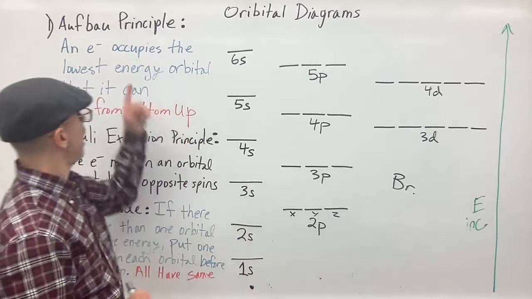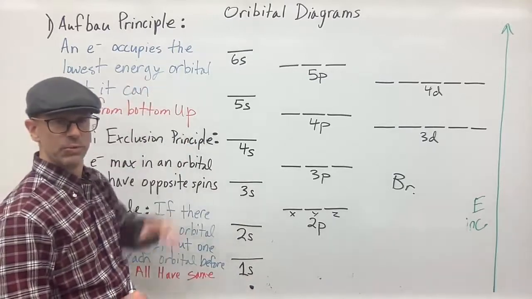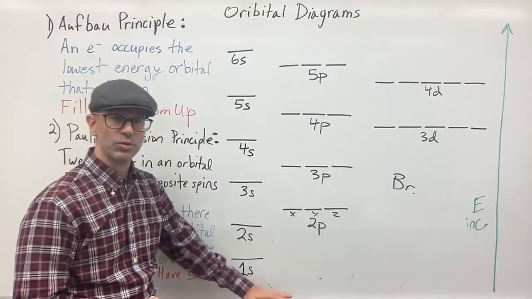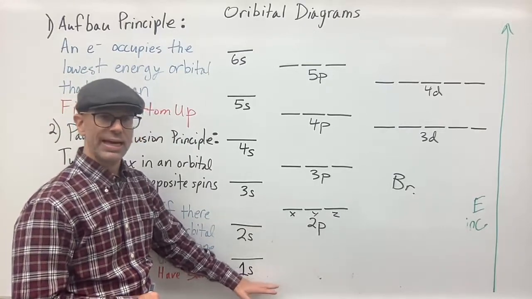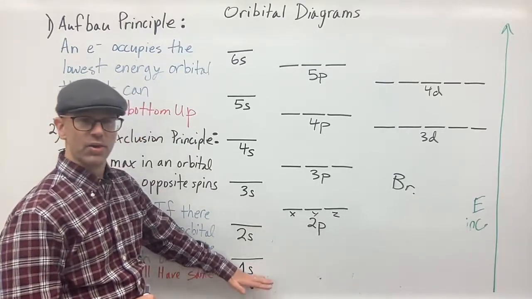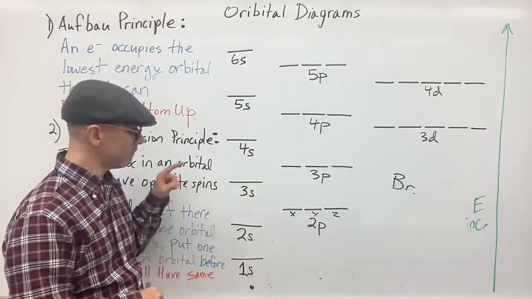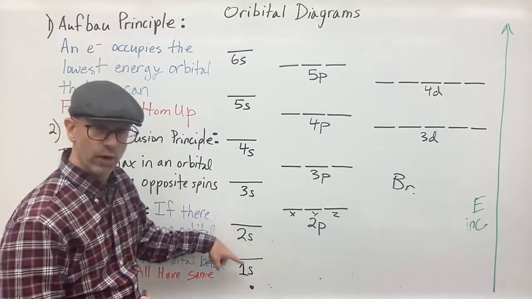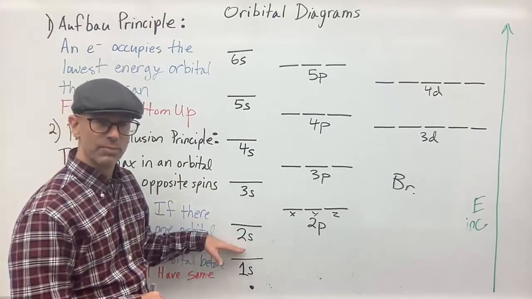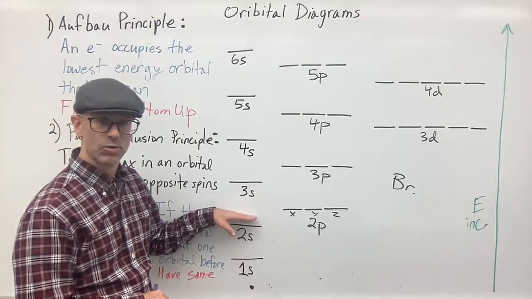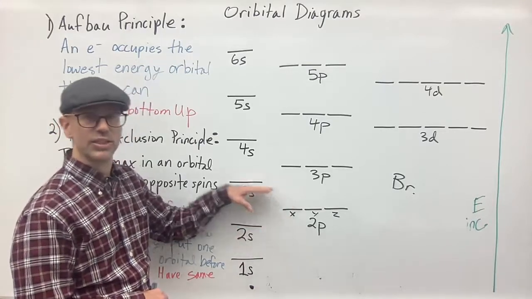So again, we're gonna follow the Aufbau principle. That means that electrons want to be in the lowest energy orbitals first, and then we work our way up. So when we put our electrons in, the first electrons are gonna go into the lowest energy orbital until that is occupied, and then we put them in the next lowest energy, and then the next lowest energy, and then next.